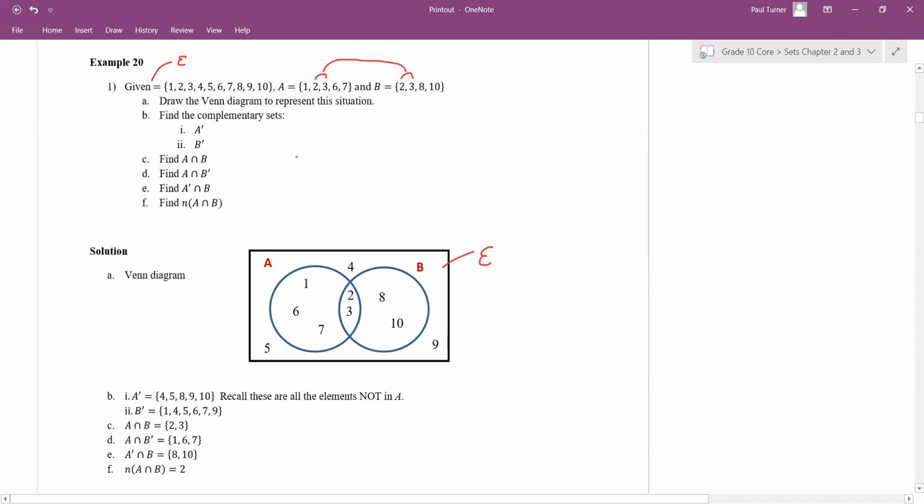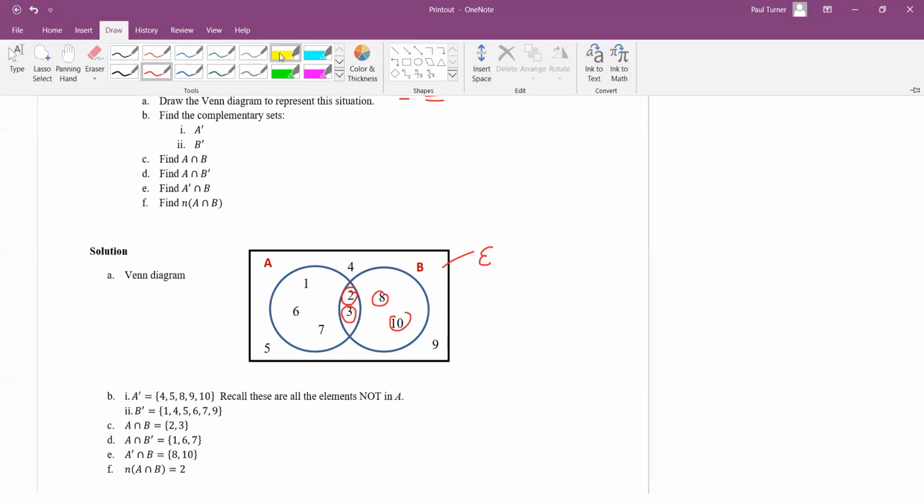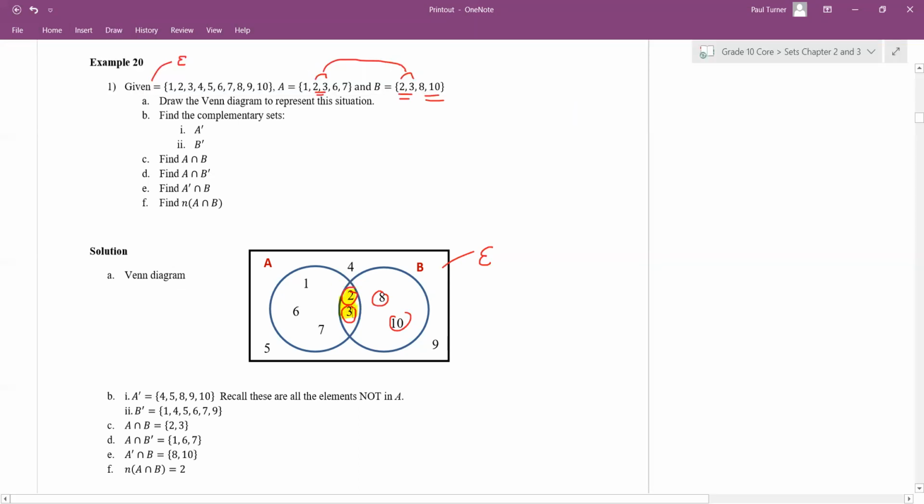You see they're in both sets. So those two numbers have to be written in the middle here because these are the shared elements. They're in A, but they're also in B. And set B has 8 and 10 left here. So your intersection is only that bit in the middle, 2 and 3. We'll see that in a minute.